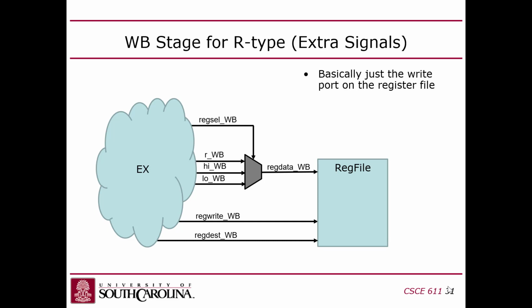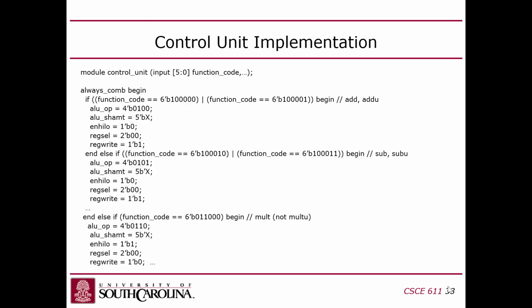Does that make sense? And the reason for that is because there are 3 possible things that you would be putting into the register file: the ALU result, high, or low, at least for now, right? Okay.